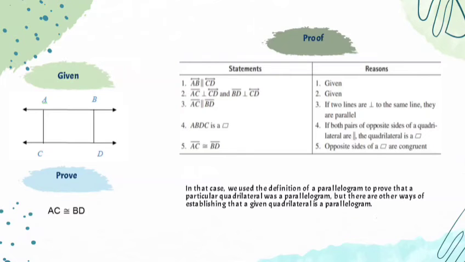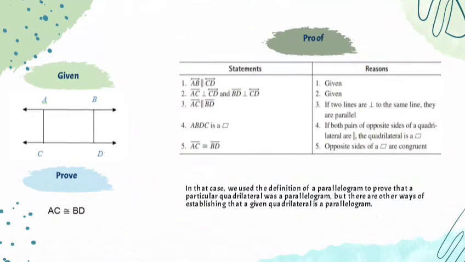The reason is that if two lines are perpendicular to the same line, they are parallel. Statement 4: ABCD is a parallelogram; the reason is that if both pairs of opposite sides of a quadrilateral are parallel, the quadrilateral is a parallelogram.